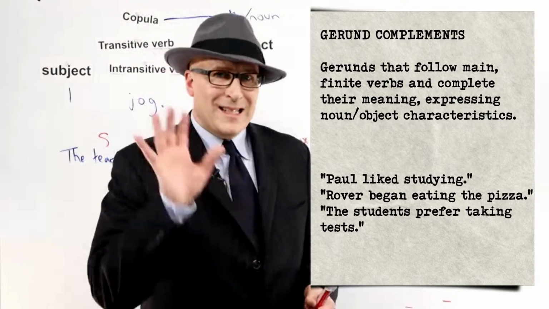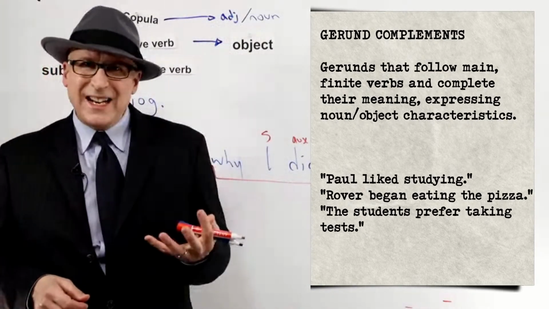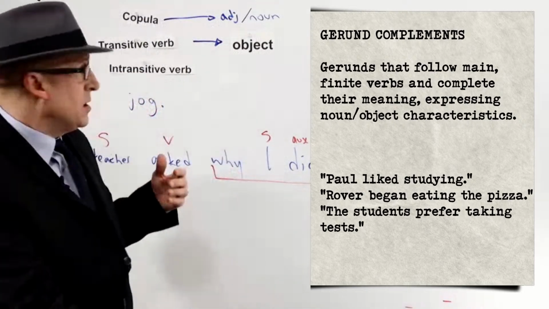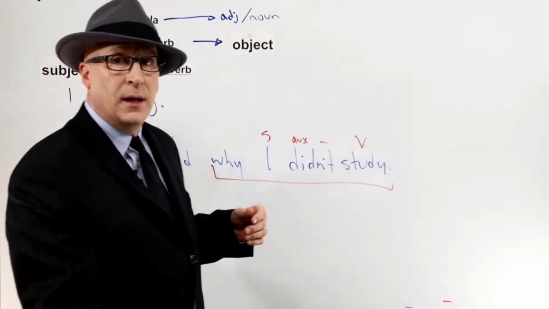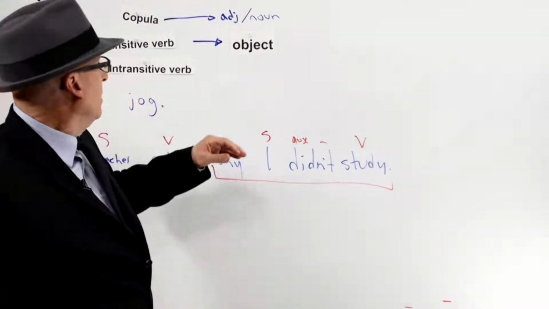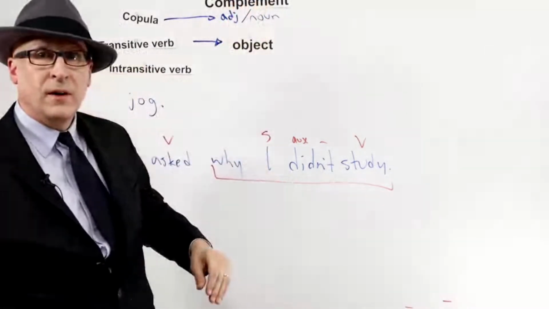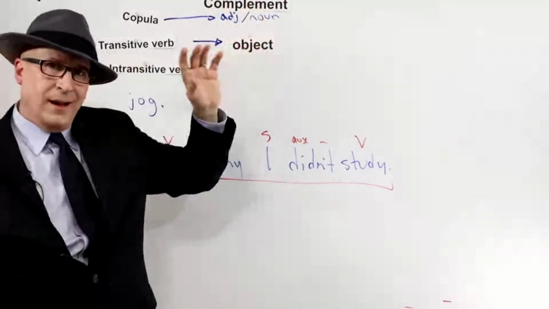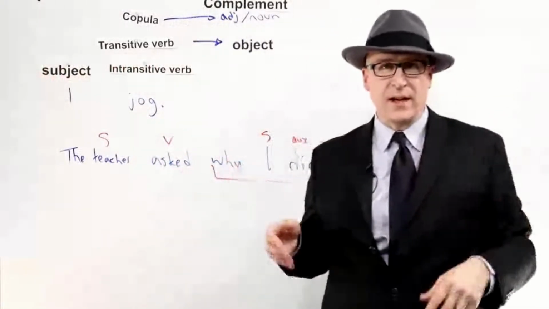So we've seen 6 different groups of things that can come after the verb. And ultimately what we're talking about here are complements. Right? Can you see that? And this is where it gets confusing for people because we have all these fancy words for things.